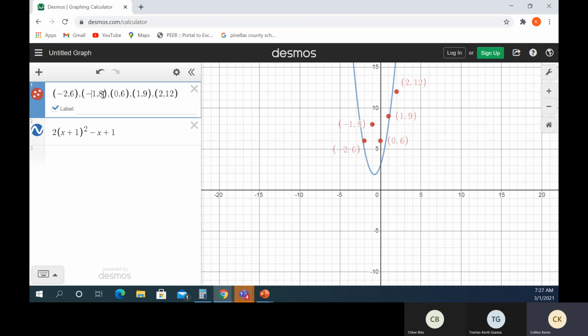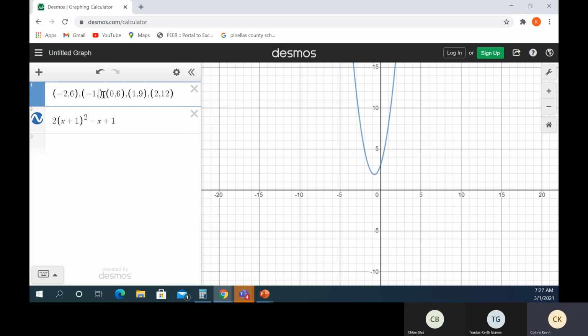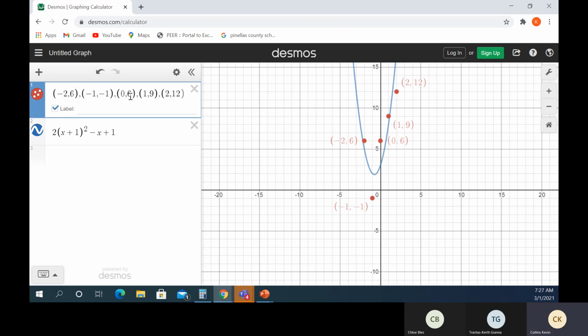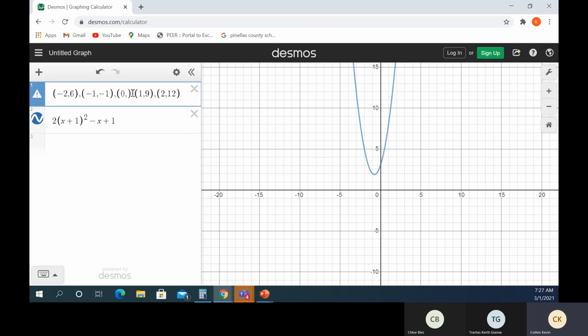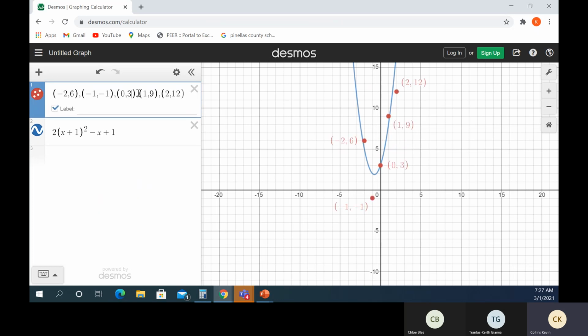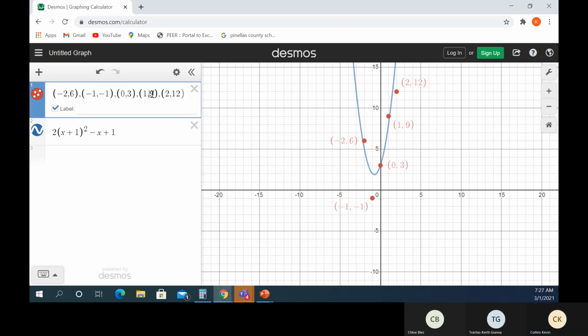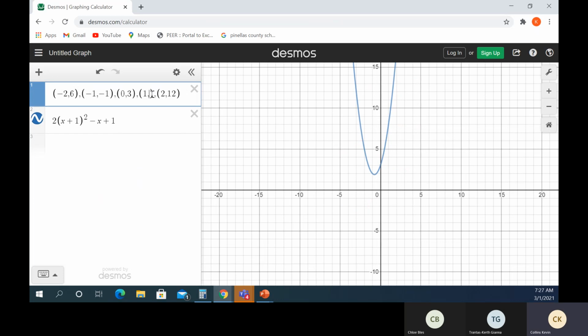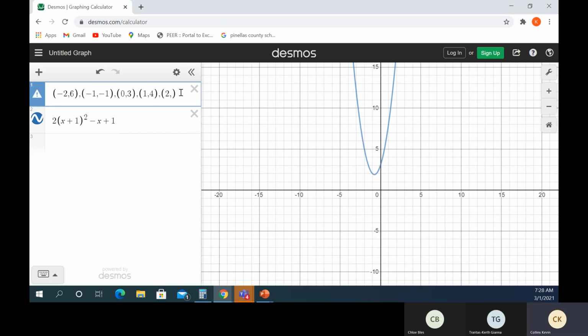Then 0, 3 this time. Let's change him to a 3. There we go. 1, 4. Let's make this guy a 4. And this guy is 2, 3. So there's our new guys.